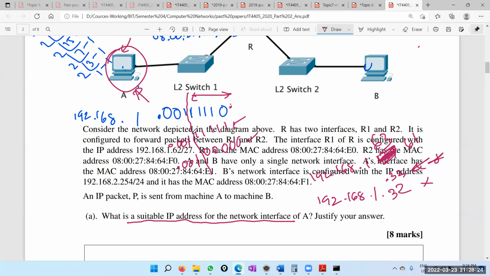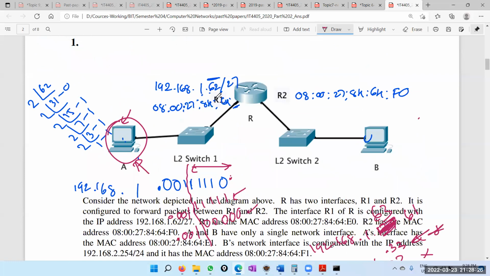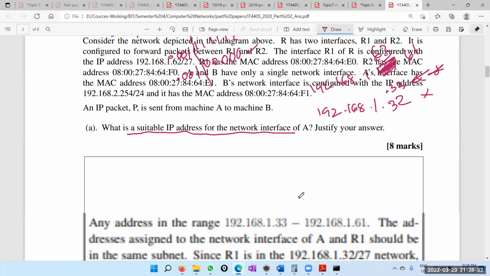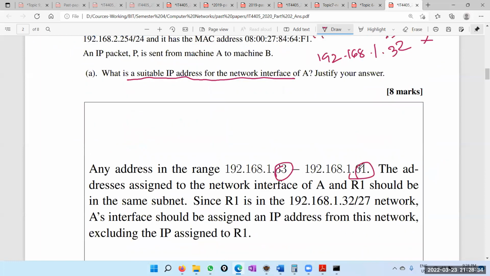You can't use. 62 is already assigned. Therefore, you can't use. Therefore, the highest number is 61. So, answer is 33 to 61. Right. So, that is how you get it.